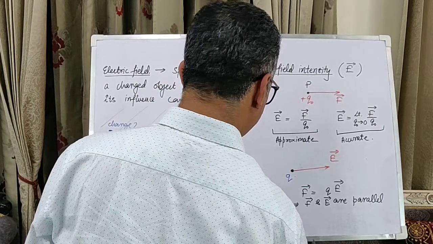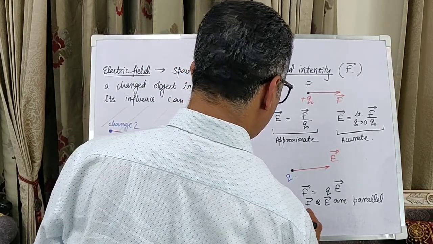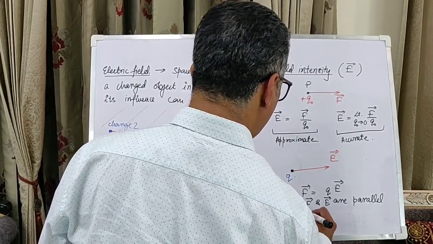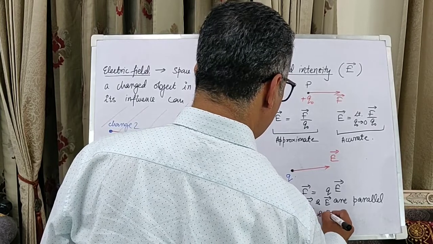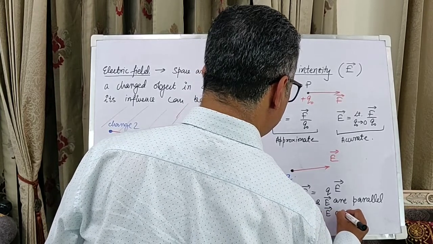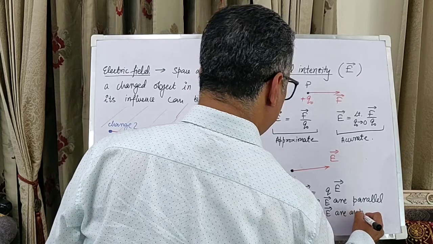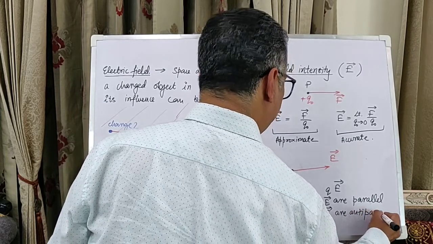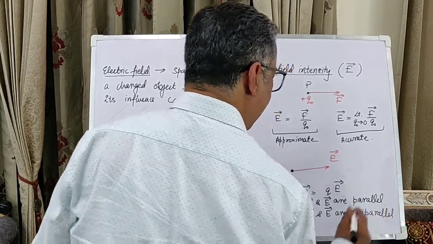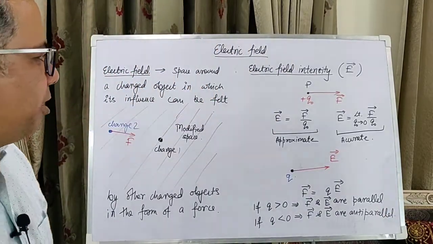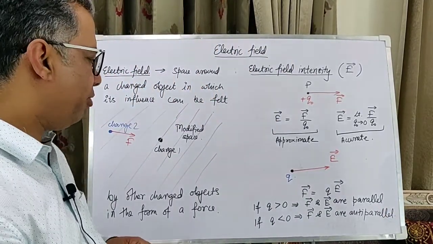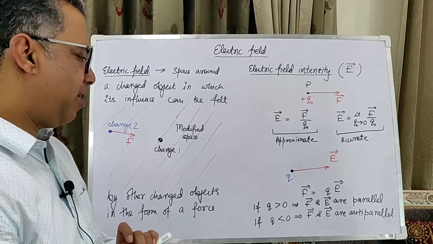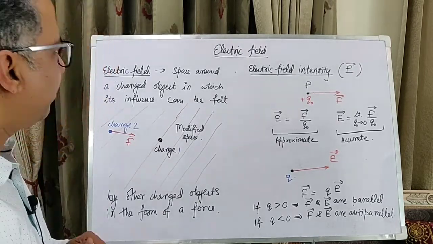And if Q is negative, then F and E are anti-parallel, which means they are in opposite directions.